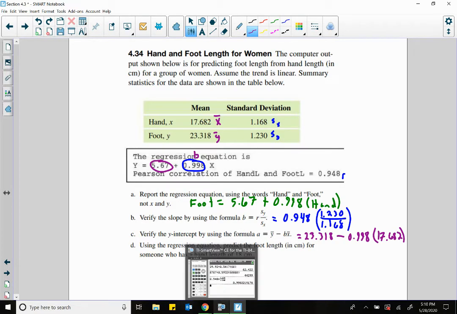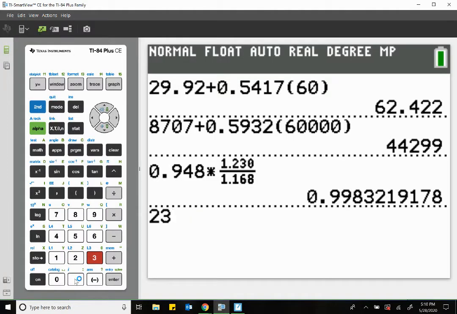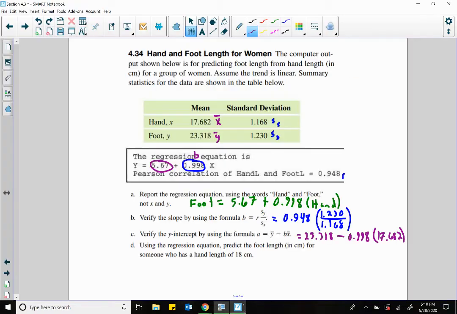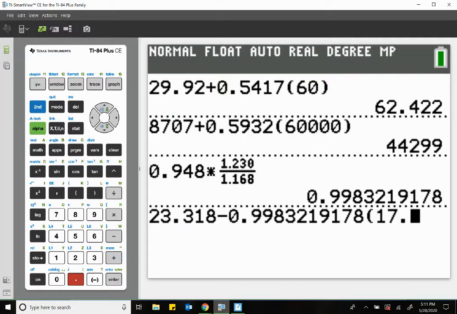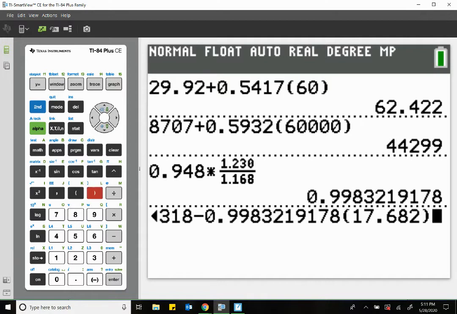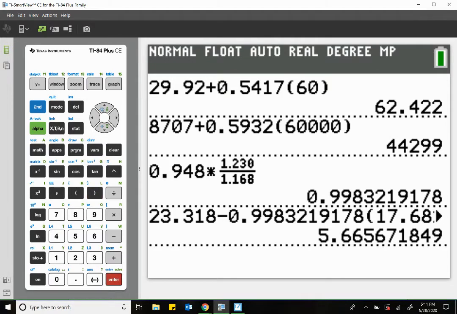So let's go to our calculator. The first guy was 23.318 minus, I'm going to go up here and grab this number because that really is our slope. And we're going to multiply that by 17.682. I like to try and be as accurate as possible. That's why I grabbed that number instead of just doing 0.998, because I don't want to use a rounded answer and then have to round again. Your calculators are going to be accurate. And there you go, 5.6656. Did that match?